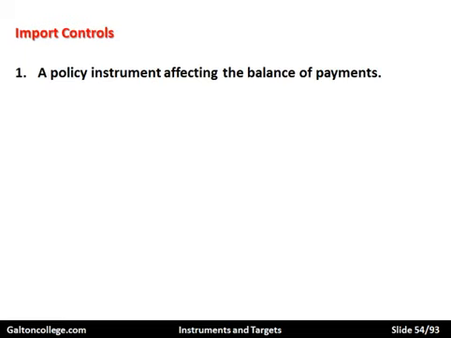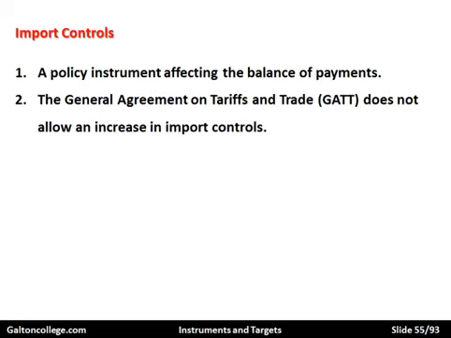Import controls are a policy instrument affecting the balance of payments. The General Agreement on Tariffs and Trade, GATT, does not allow for an increase in import controls. Countries sign agreements to reduce import controls, and therefore they can't go back on this. So the movement is to have fewer import controls and more international trade.